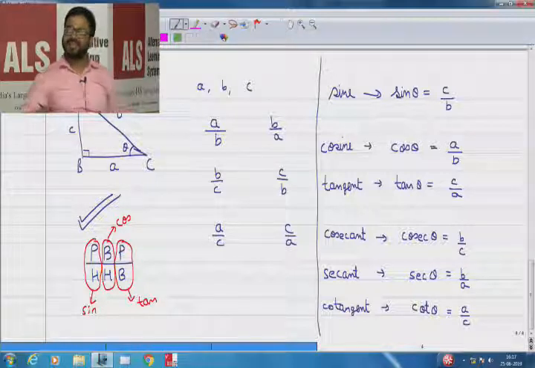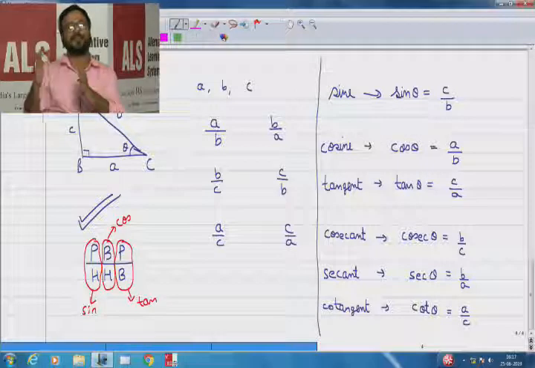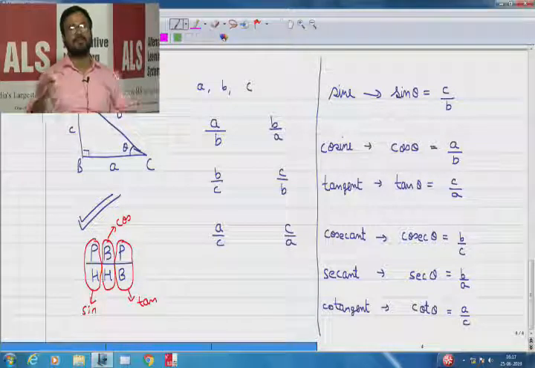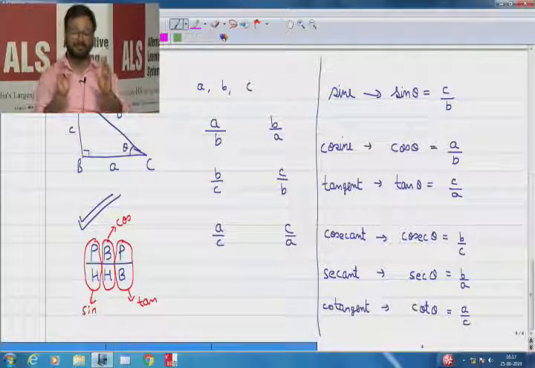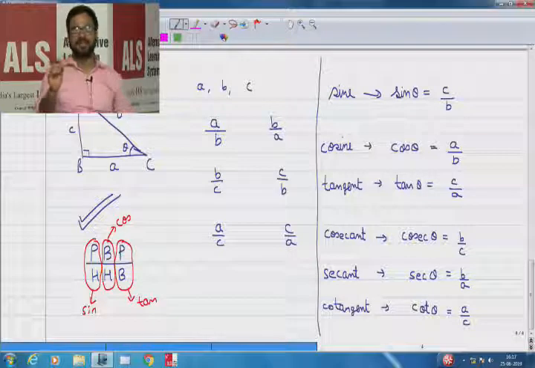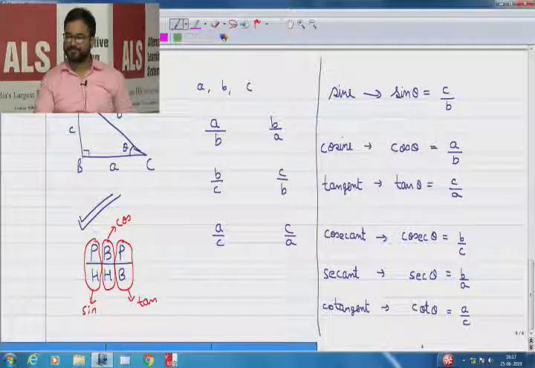There are so many, and it varies from region to region. So it's not mandatory which statement you use. What is mandatory is that you remember the notation PBP HHB, the beginning alphabets.